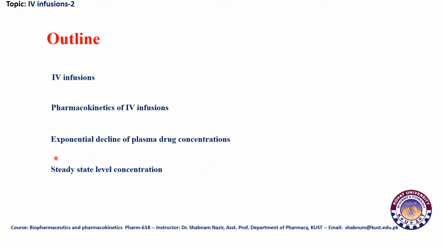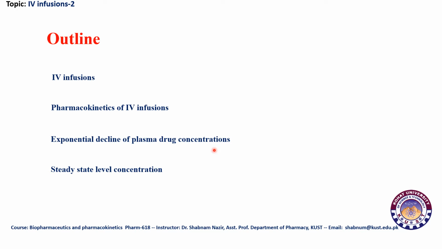Then we will also discuss another very important parameter, which is the exponential decline of plasma drug concentrations in the case of intravenous infusions, in contrast to the steady state levels achieved during multiple dosage regimens of oral administration.